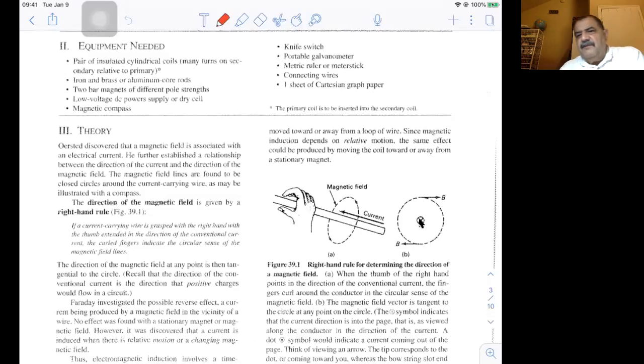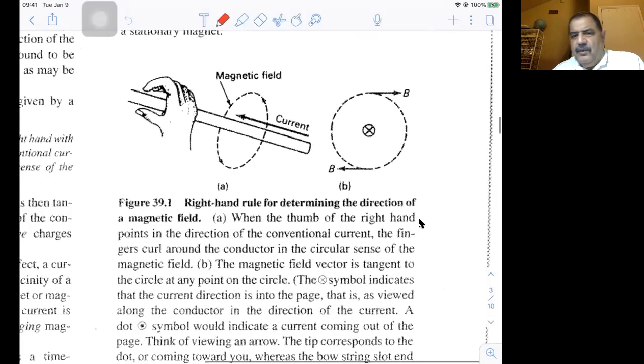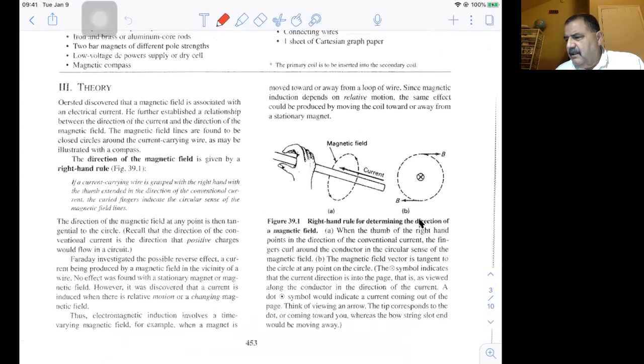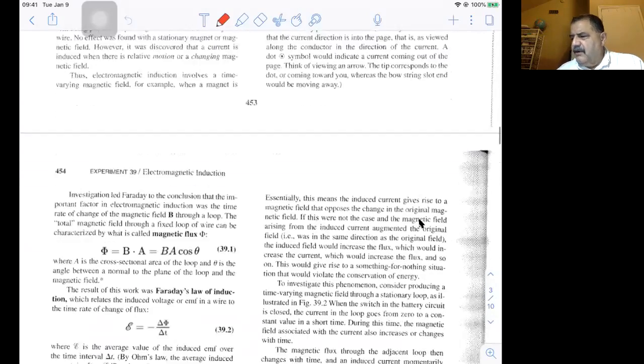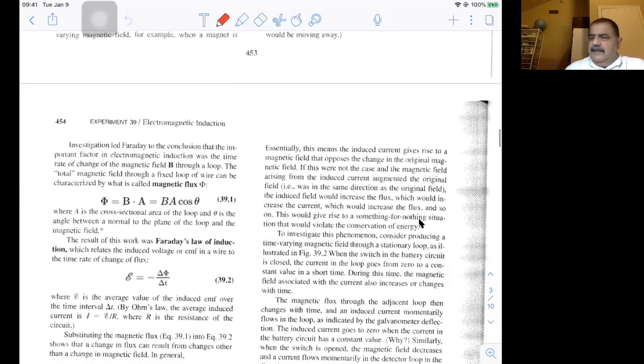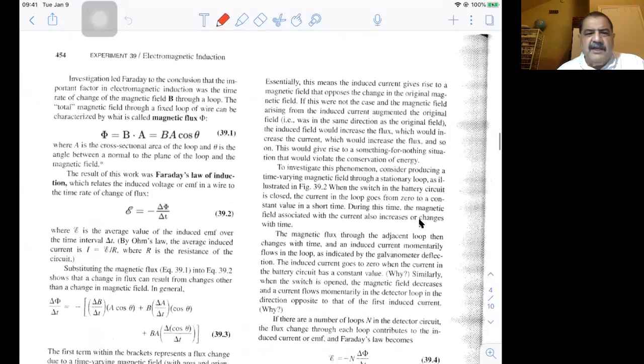You think of it like the fletching of an arrow. So it's going into the screen, and that's why it's wrapped around that way. So here they discuss the right hand rule for determining the direction of the magnetic field in the current carrying conductor. Let's talk about the magnetic flux.